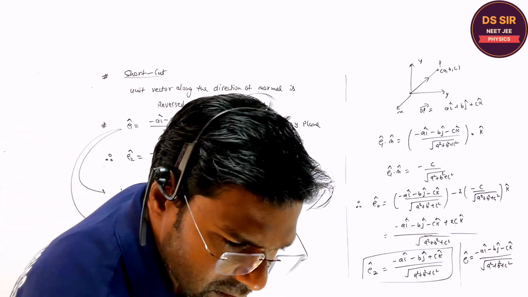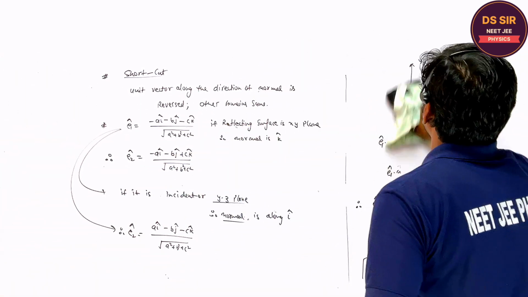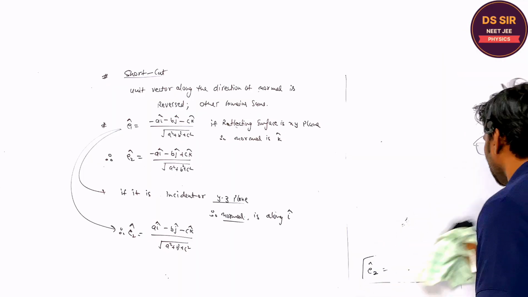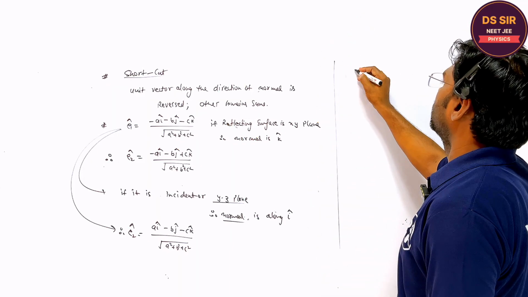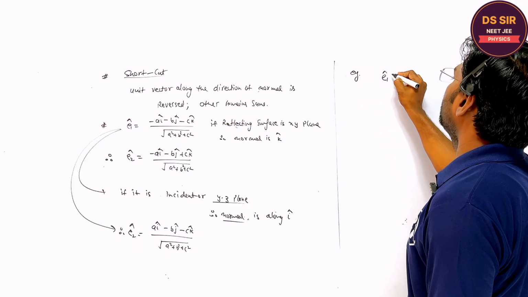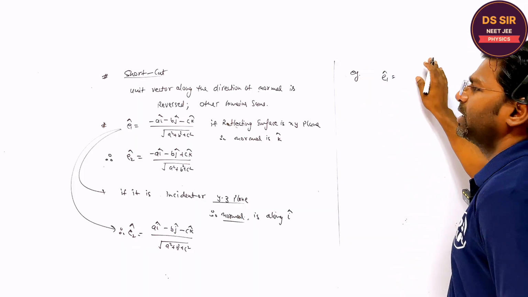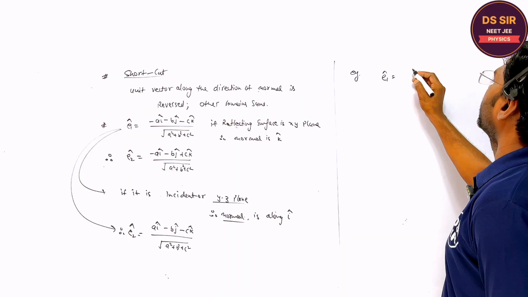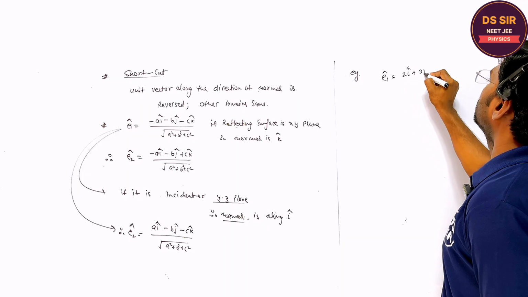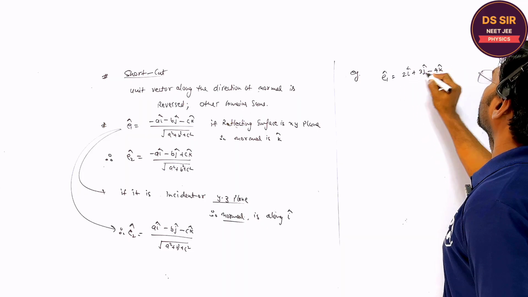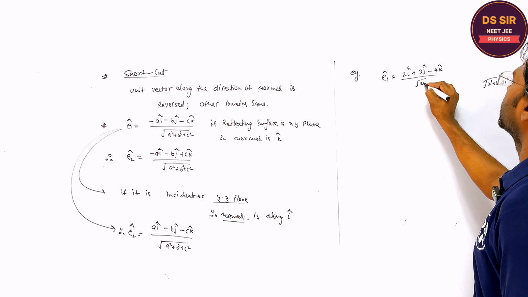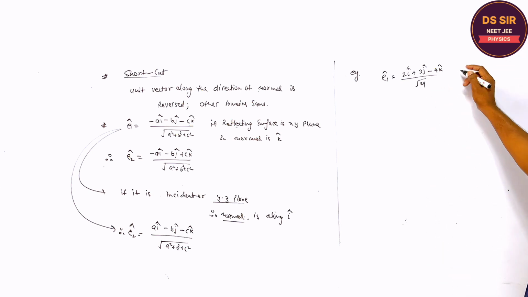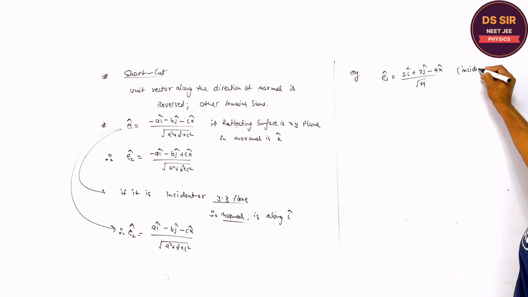Fine. So I am explaining, and I am giving you one more example. For example, the question is, if the incident vector may be written as 2i plus 3j minus 4k cap, and the unit vector means root of 2 square plus 3 square plus 4 square, which is root 29. So this is the incident unit vector.